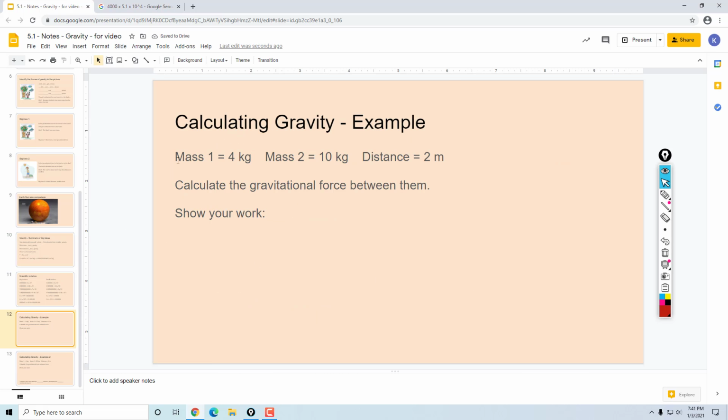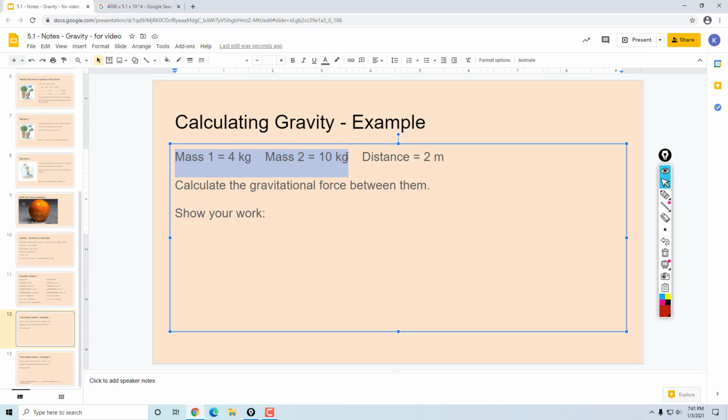So here's an example. Mass 1 is 4 kilograms, mass 2 is 10 kilograms, distance is 2 meters. So we'll just write G for now. 4 kilograms times 10 kilograms divided by 2 meters squared. That's going to be 10 kilograms squared divided by meters squared times G. We could plug in G. That's actually fine for class.